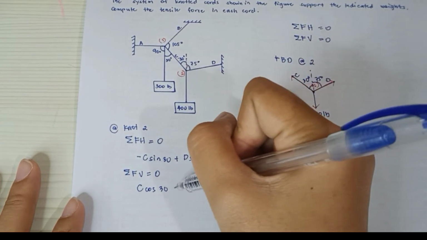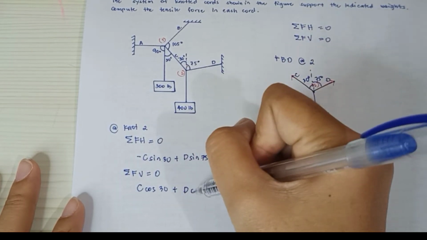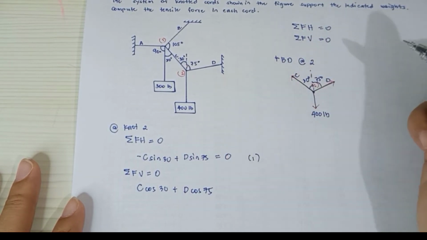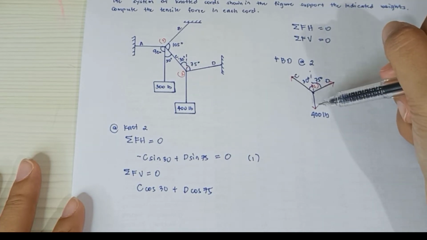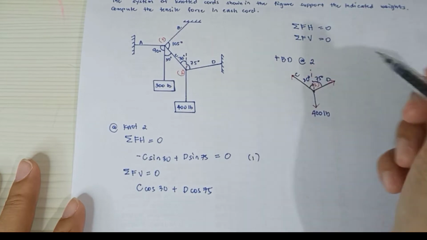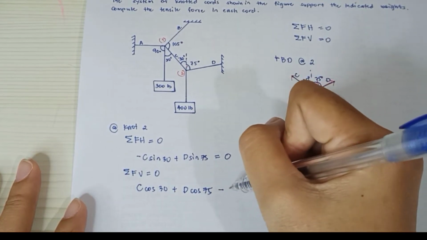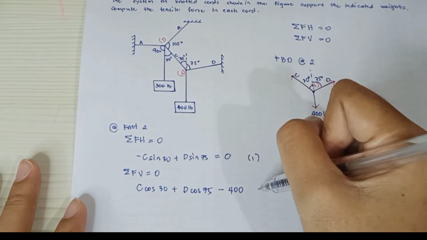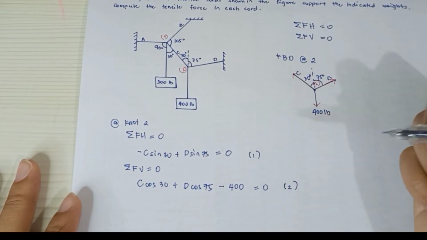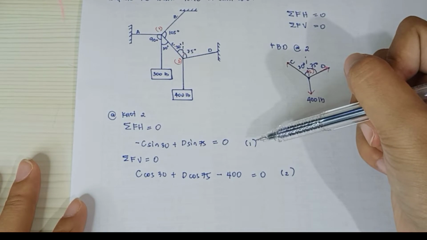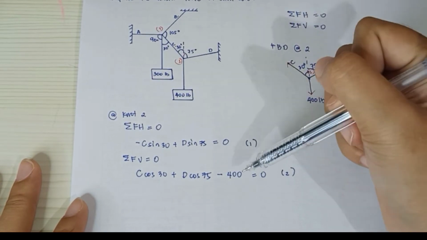And we also have plus D cosine 75. And then we have the vertical component going downward, which is 400 pounds, minus 400. It's equal to 0. Okay? So, meron na tayong equation 2. Meron tayong 2 equations and 2 unknowns.